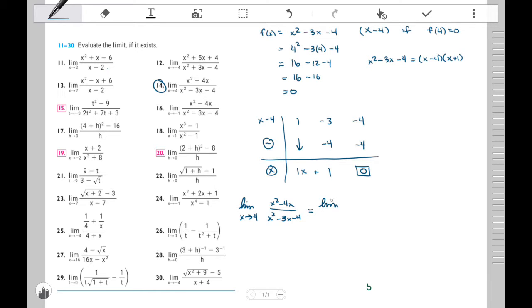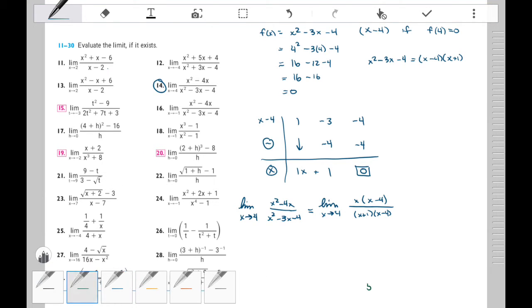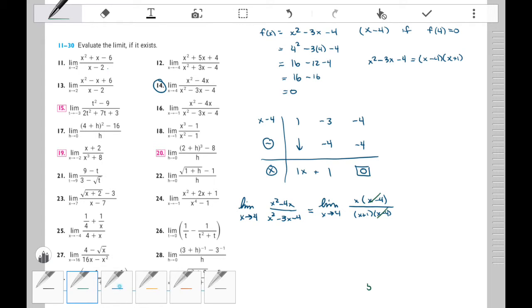That's the same as the limit as x goes to 4 of x times x minus 4 divided by, and we know that this is x plus 1 times x minus 4. So since by the definition of the limit we don't actually let x be 4, we can cancel off these brackets provided that x is not 4. We have found an equivalent equation.